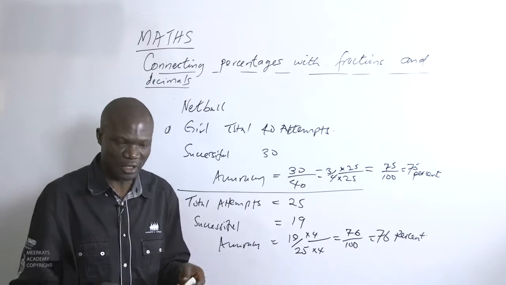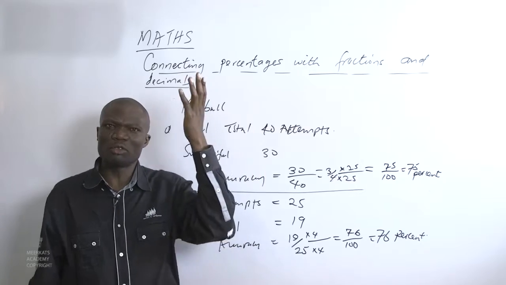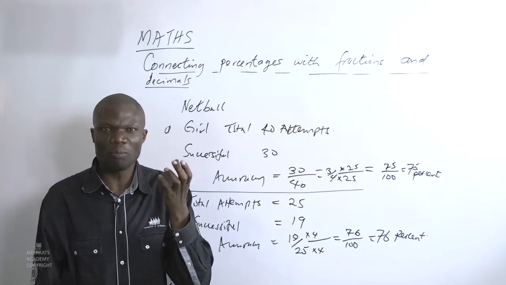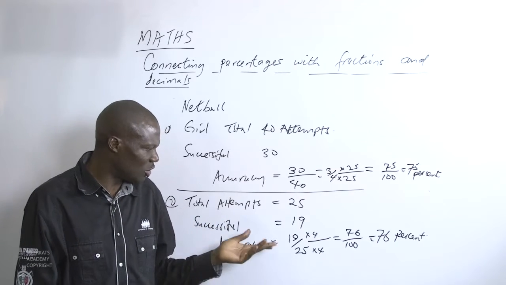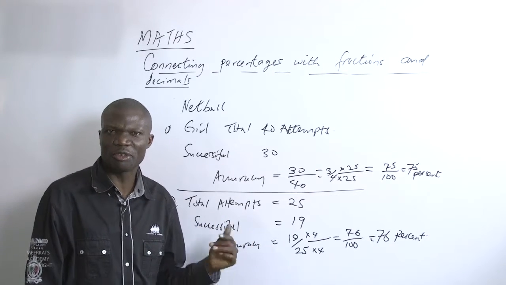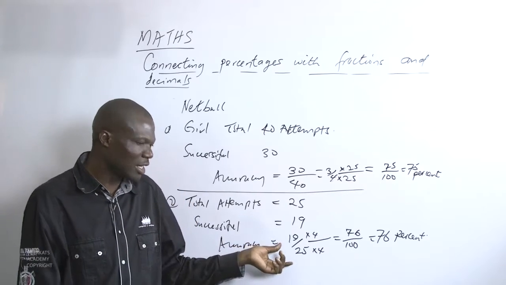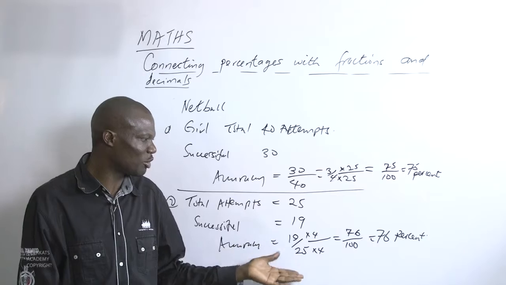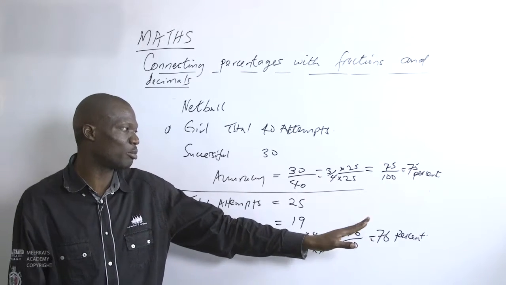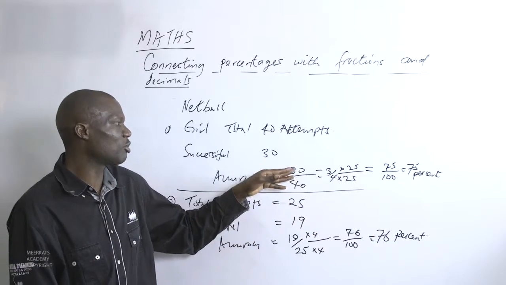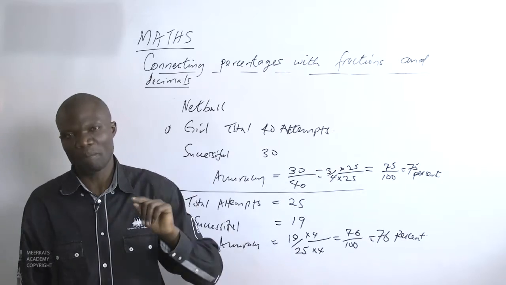What you notice is this. The first girl scored a total of 30 goals, more goals out of the 40. The second girl only scored 19 out of 25. However, when it comes to accuracy, the second girl has a higher percentage of accuracy, 76%, unlike the one who scored 30 out of 40, who was 75%.